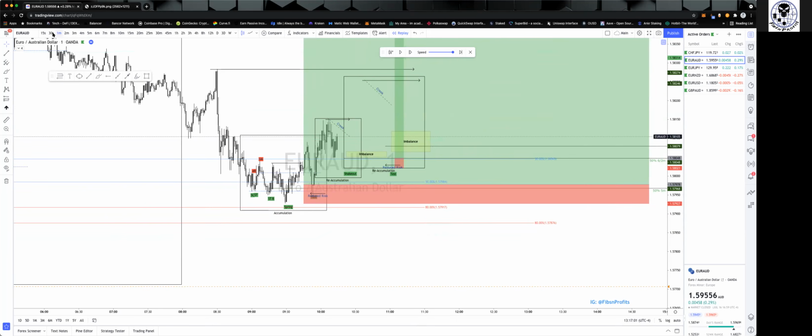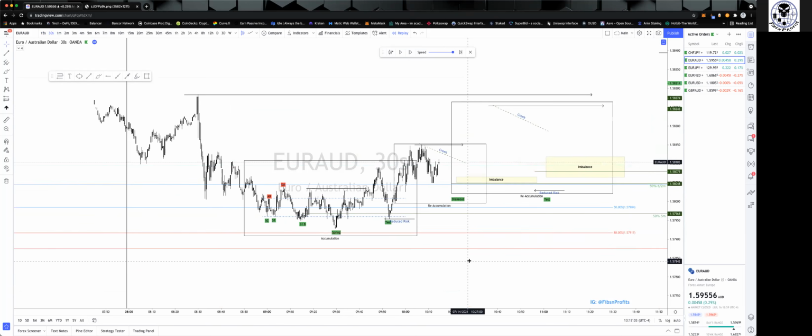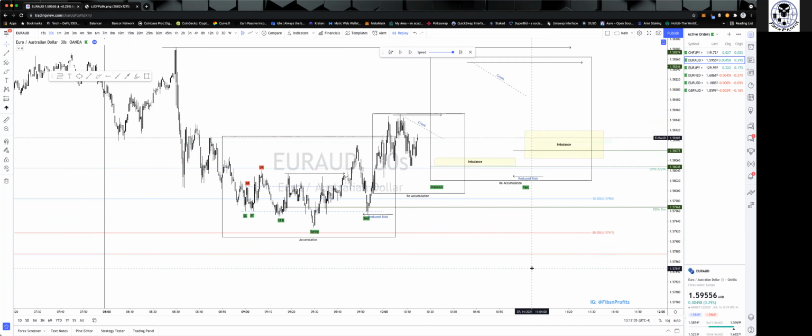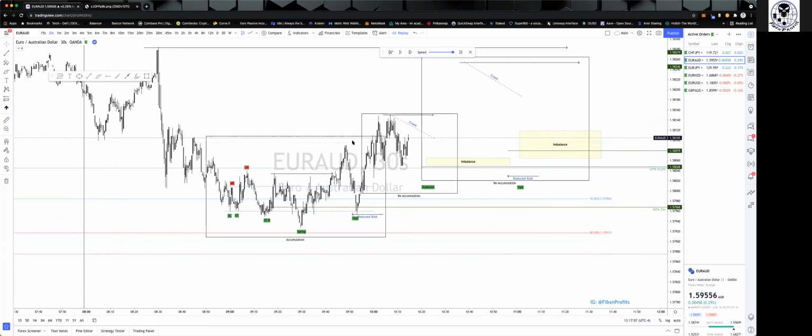Now, the key here is waiting to see what price does. As soon as we made this high, I reduced my risk to the bottom of this wick, and I took that savings. Again, it was a 5 pip stop loss, and trade management is a very important piece of my trading puzzle.